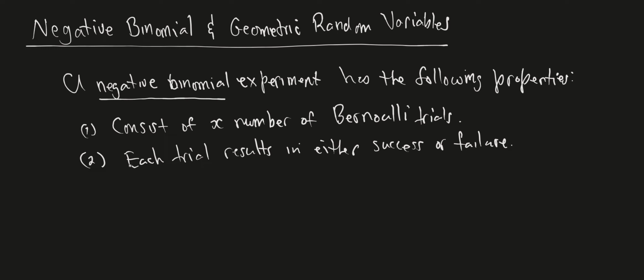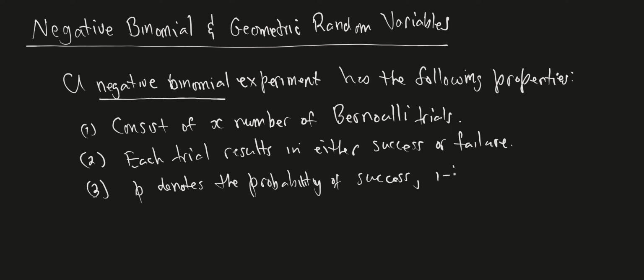And as usual, we denote the probability of success by little p, and therefore 1 minus p is the probability of failure, which we can also call q.